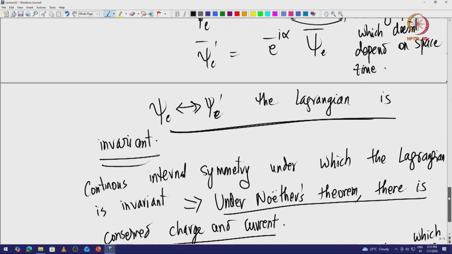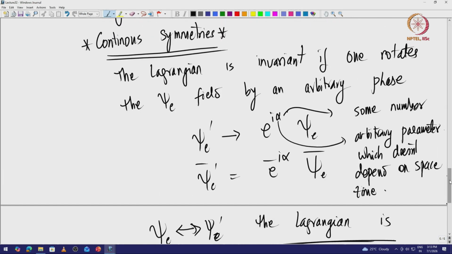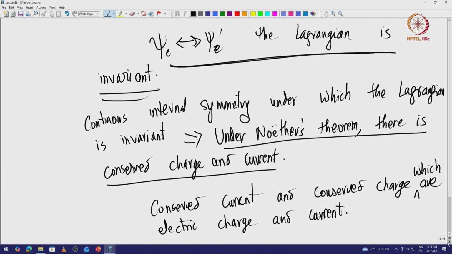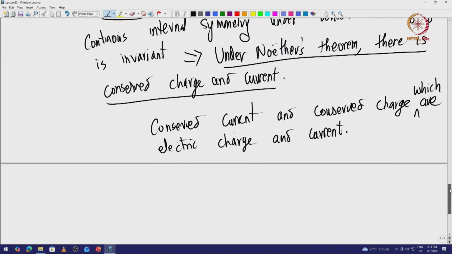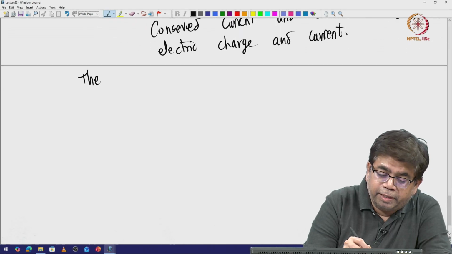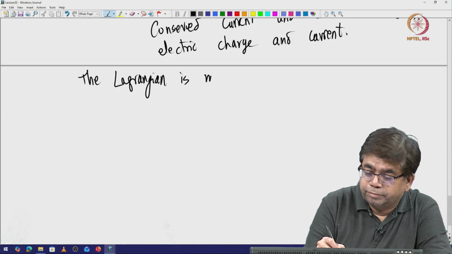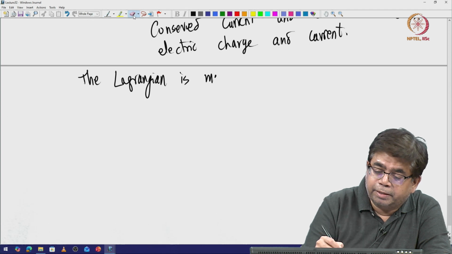Now, this is one of the first continuous symmetries of this Lagrangian. Actually the Lagrangian, in the presence of interactions, is much more powerful and has a much bigger symmetry.